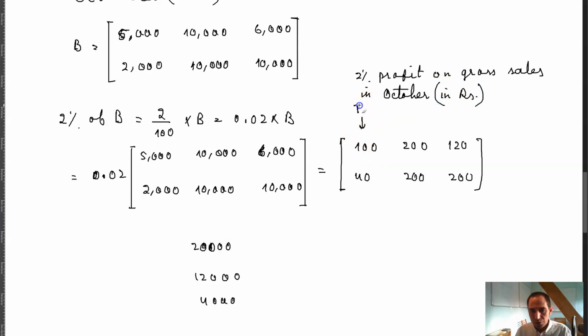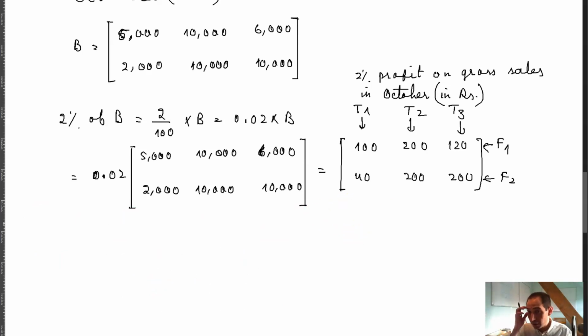This is for T1, this is for T2, and this is for T3, and this is F1, and this is F2. And that way you have calculated it. So 100, 200, 120, and then 400. This is supposed to be 400, because 2 times 2,000 is 4,000. I made a mistake here, so it becomes 400, 200, 200.